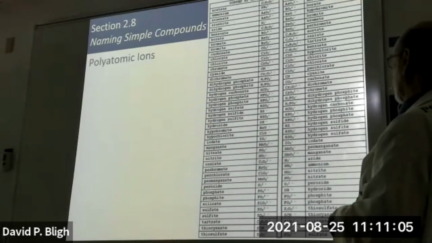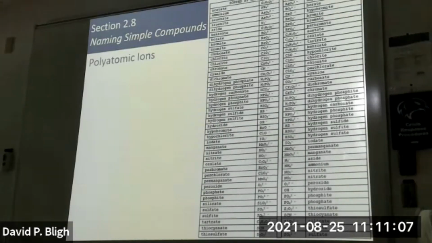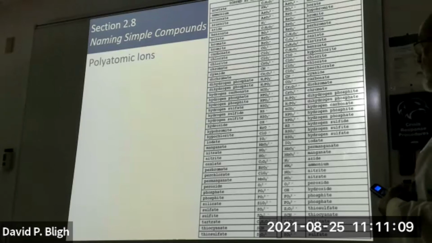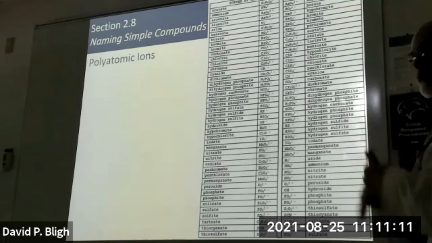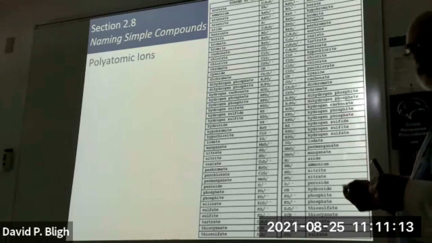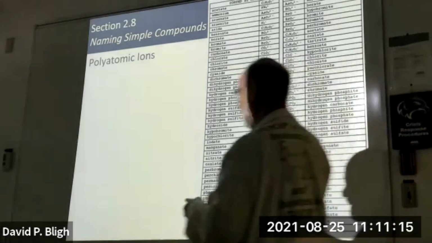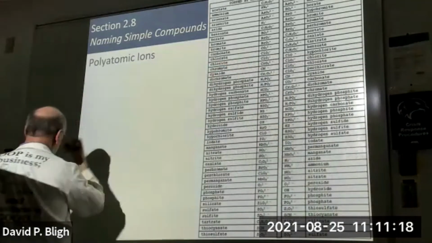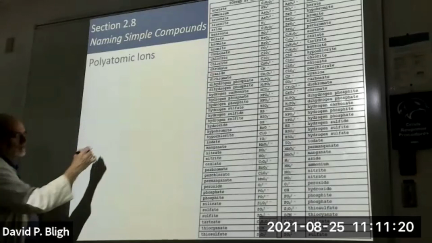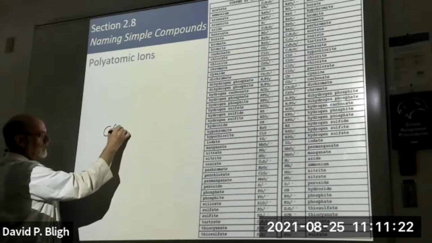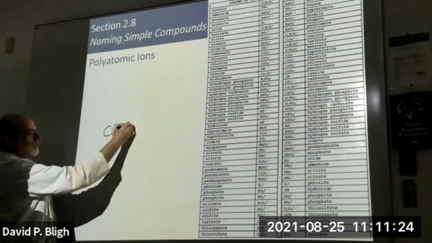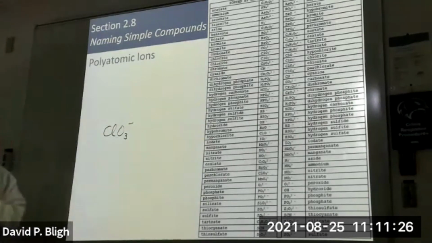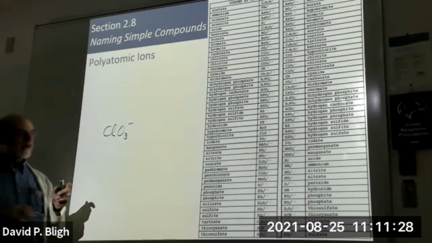Okay, I reproduced it here. Notice that some of them occur in regular series. I'll talk about one that I prefer, the one with chlorine and oxygen. I always start here: chlorine and 3 oxygens with a -1 charge. That is chlorate.